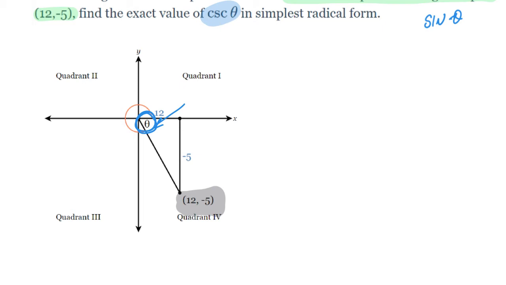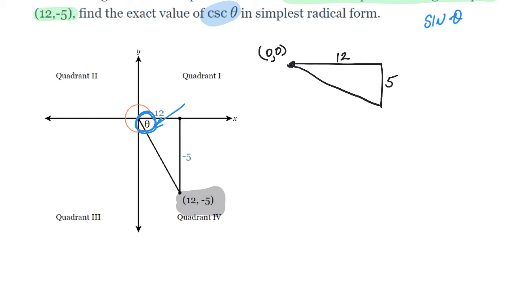I'm going to try to draw mine a little more to scale than this. Since the side is 12, it's probably going to be a little more like this. Coming from the origin, 0, 0, we would go over 12, so this would be a side of 12. This would be a side of 5.